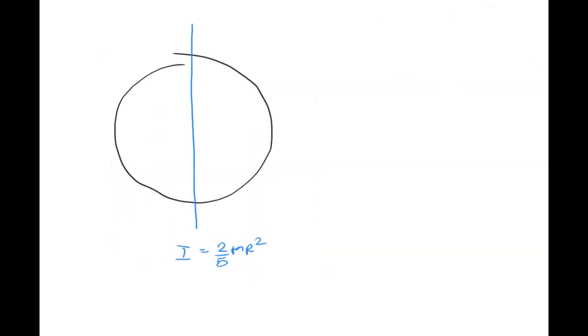So let's say that we have a sphere, and we know that the moment of inertia of the sphere is equal to 2 by 5 mr square about this axis.